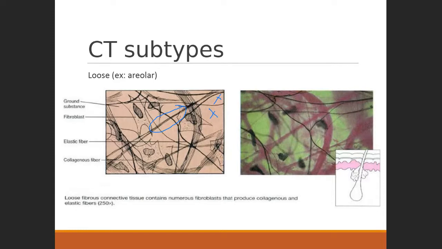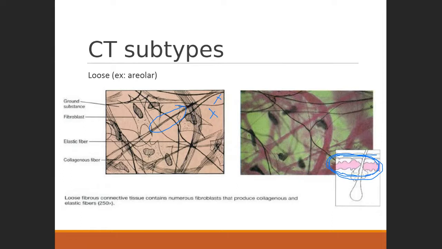Now, this is going to give us a tissue that's very pliable. Maybe not that strong, but very pliable. Here in the little key on the right, you see that it's going to make up a lot of the dermal layer of our skin, particularly that upper portion of the papillary dermis.